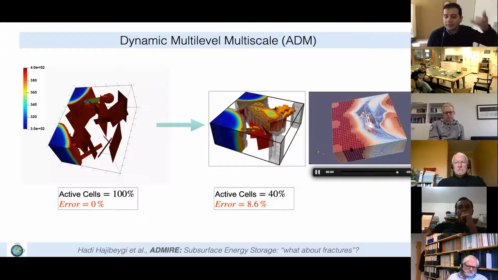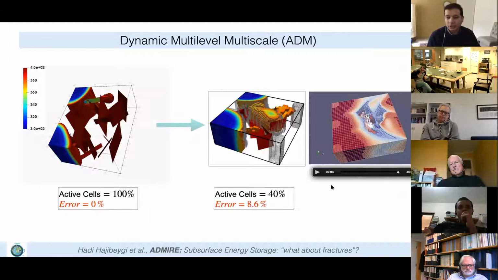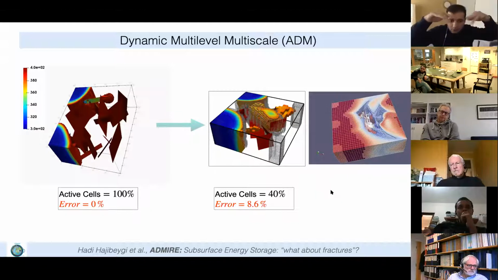You are dynamically doing multi-scale basis functions. They are already created in the pre-processing step. You are using them for your transport processes and the pressure and the heat transfer. And remember, you're not going to effectively do any upscaling. You are going to resolve the fractures because they are important and they cannot really be upscaled.